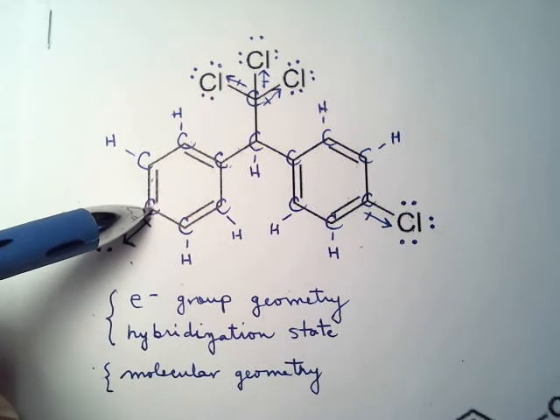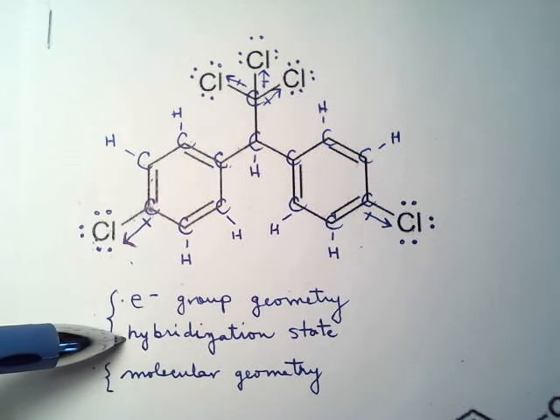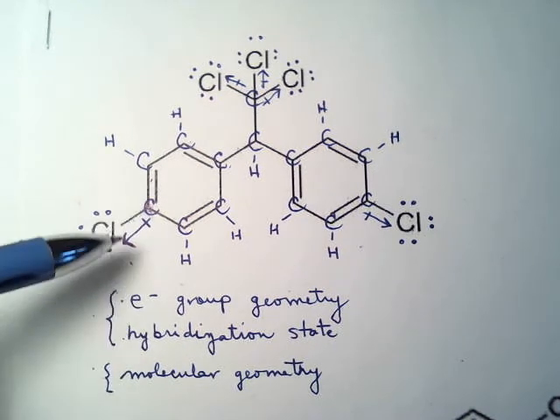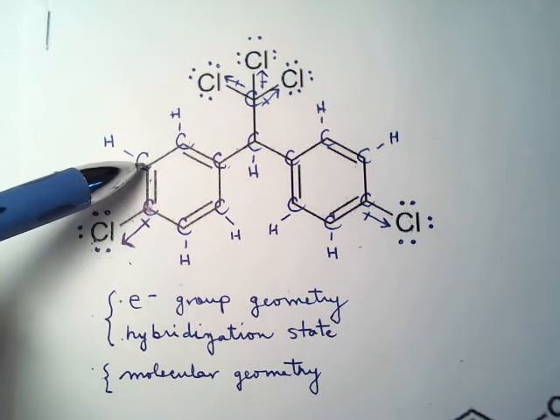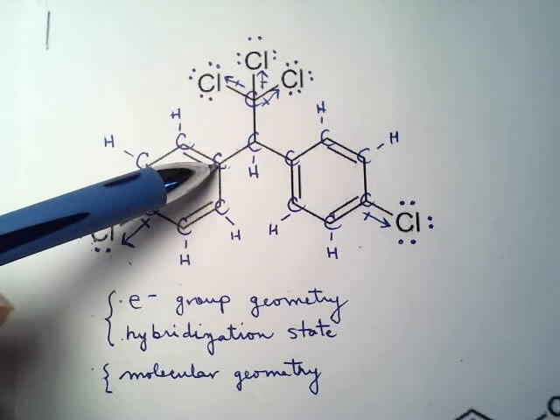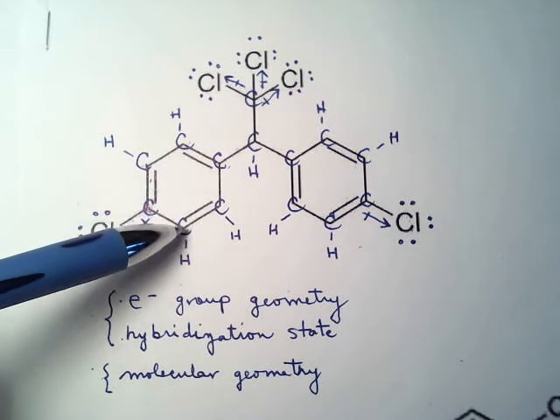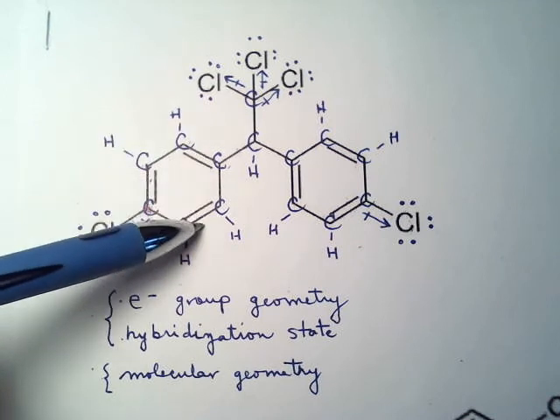And so I'm going to go around the molecule naming the electron group geometry and then the hybridization state. Trigonal planar, sp2. Trigonal planar, sp2. Same thing, same, all the way around this flat ring. Yeah, it's flat because it's planar, planar, planar. They're all part of each other's plane, so they must all be in the same plane.